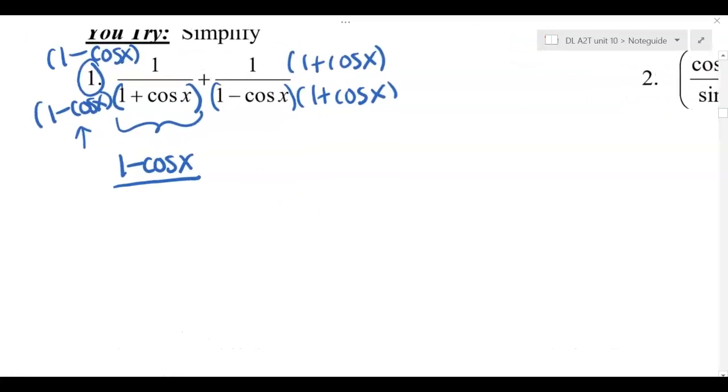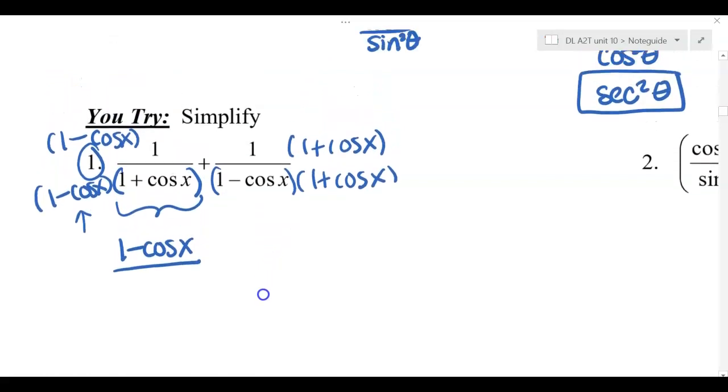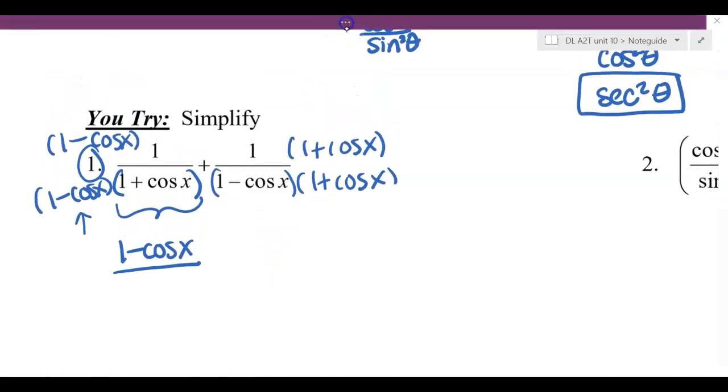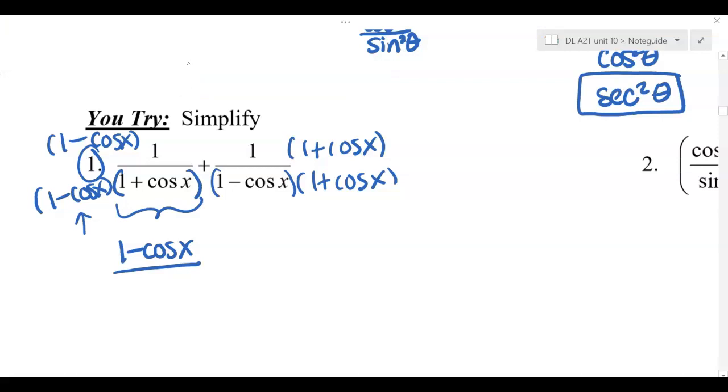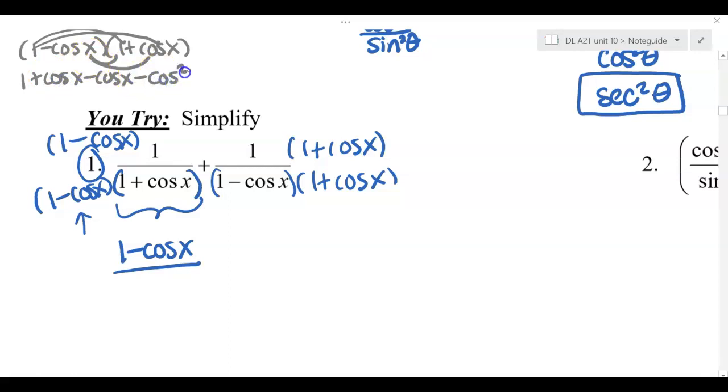And in the denominator, when you multiply 1 minus cosine x times 1 plus cosine x, and some of us will have to go do this on scratch paper, some of us will see the pattern pretty quickly if we can relate it to things we already know, but for some of us the cosine is a little scary there. This is going to be 1 plus cosine x, minus cosine x, minus cosine squared x.